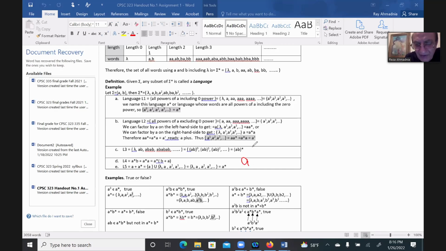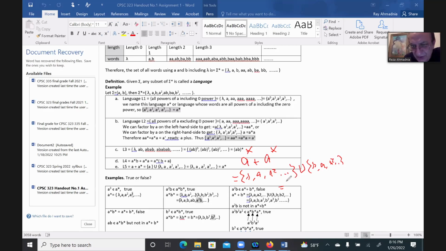If I have A star or A star, what is this? This is the union of two languages. So what is this one here? Lambda, A squared, and so on. Union with A star is lambda, A squared, and so on. What is the union of these two sets? Everything here is here.